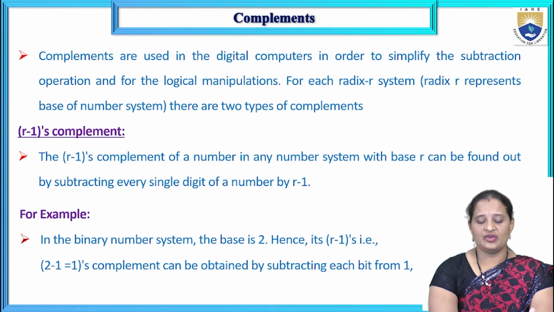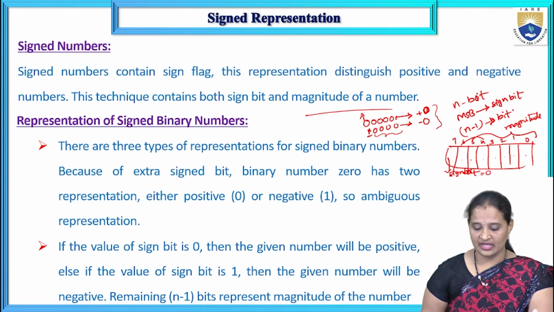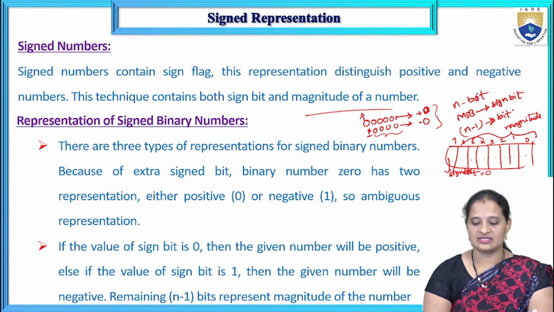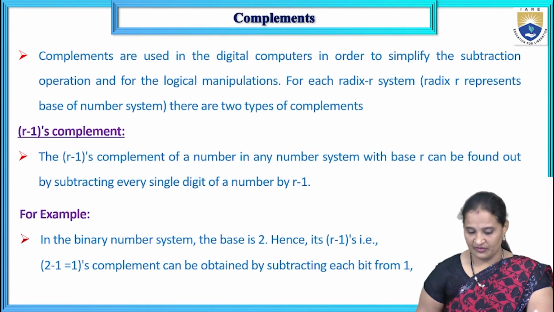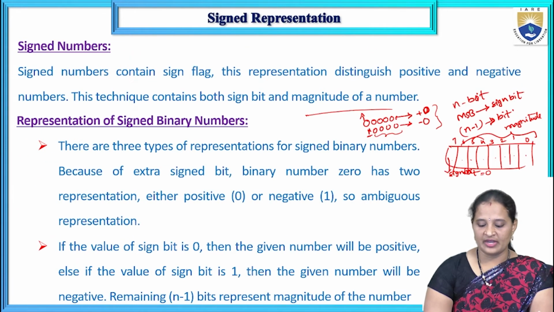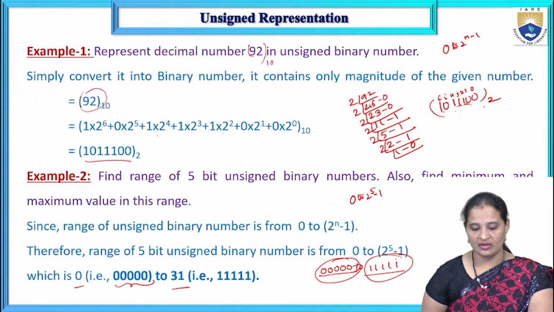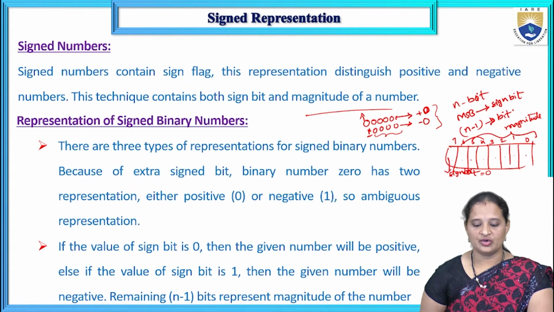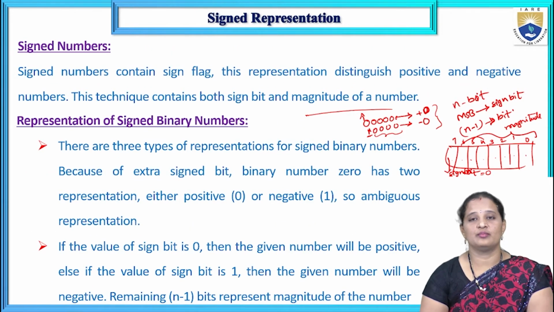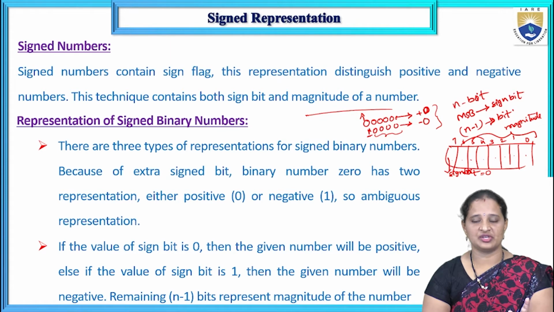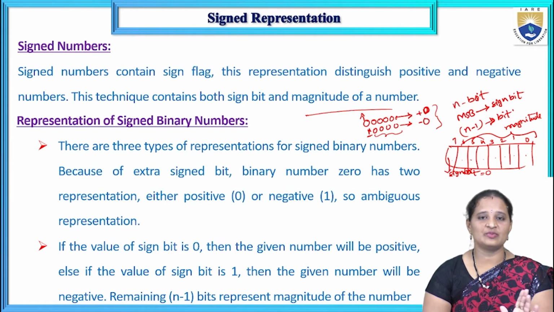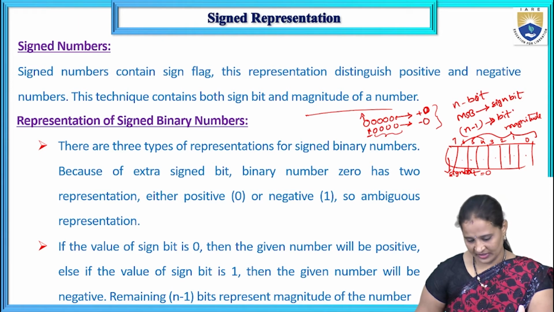Hence we can say that the range of values of sign magnitude representation will vary from minus (2 power n-1 minus 1) to plus (2 power n-1 minus 1). This is the range of values, and it is disadvantageous because we have two representations for 0.